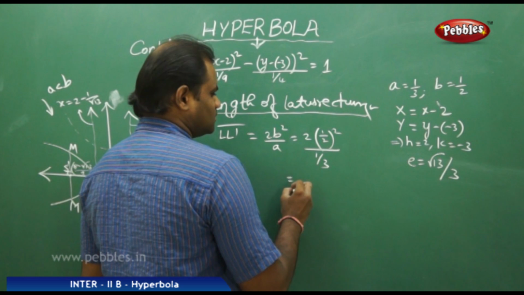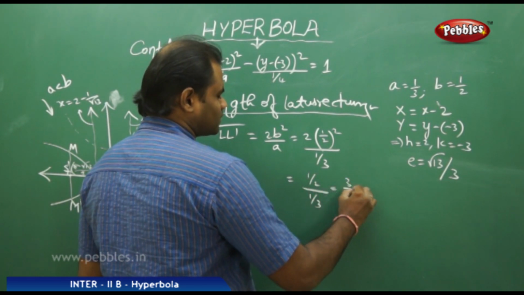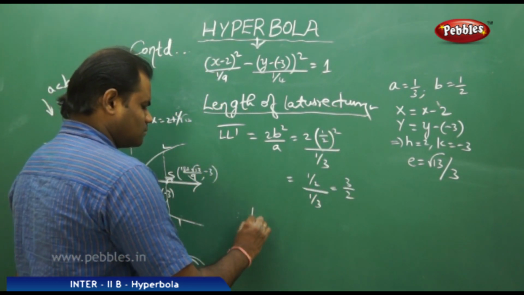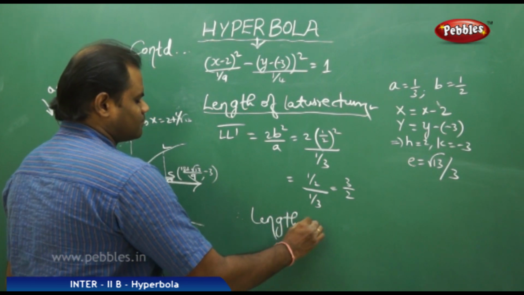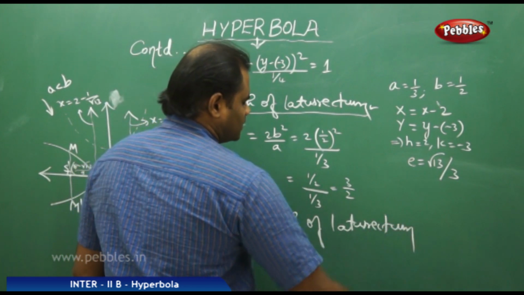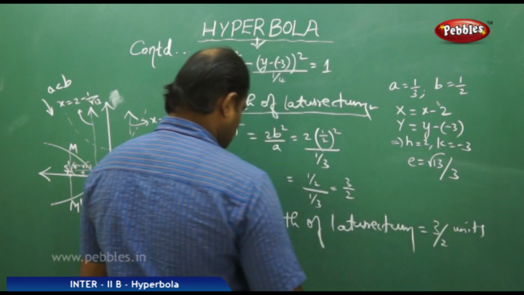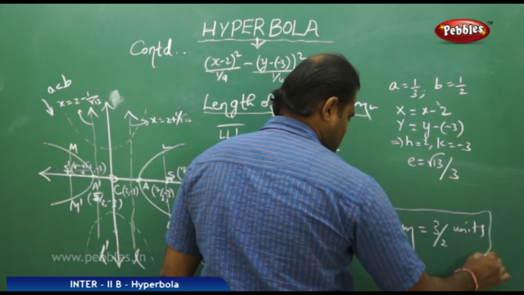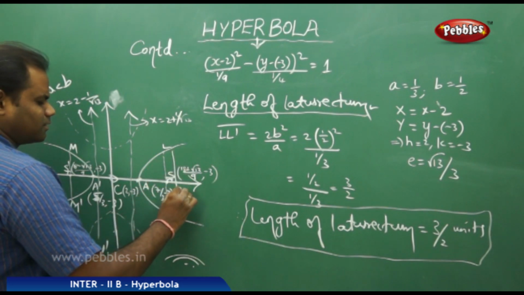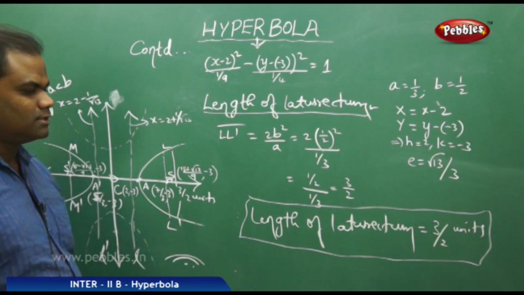This gives 1 by 2 times 1 by 3, that is 3 by 2 units. Therefore, the length of latus rectum is 3 by 2 units, that is, this distance is 3 by 2 units as we see here.